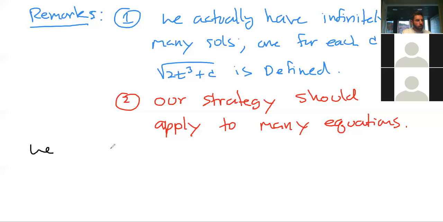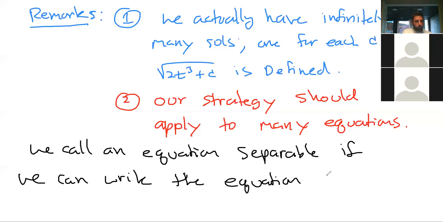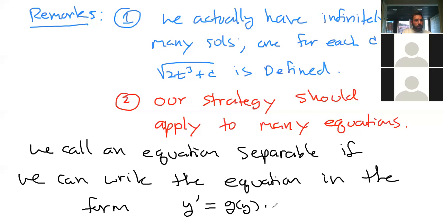So we call an equation separable if we can write the equation in the form y prime equals some function of y, which I'll call g, times some function of the independent variable, which we'll call h.